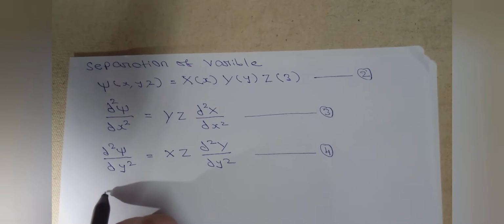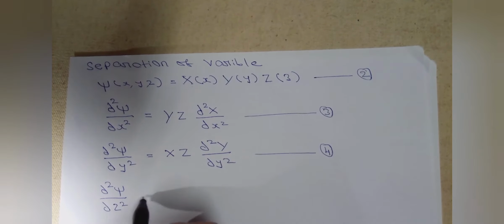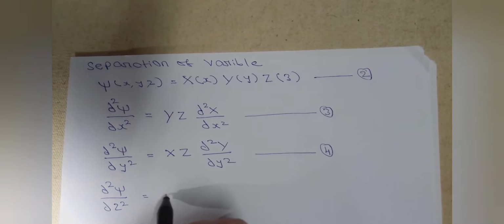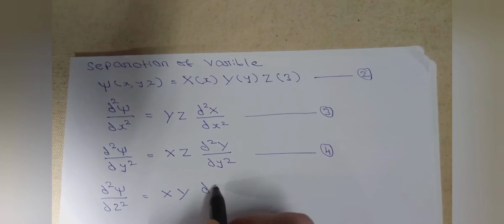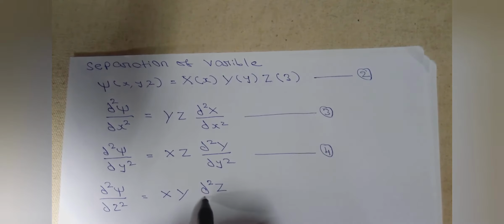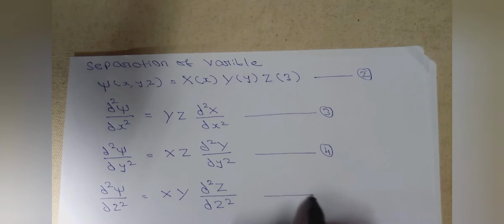Then dou square xi by dou z square is equal to XY dou square Z divided by dou z square. Let this be equation 5.